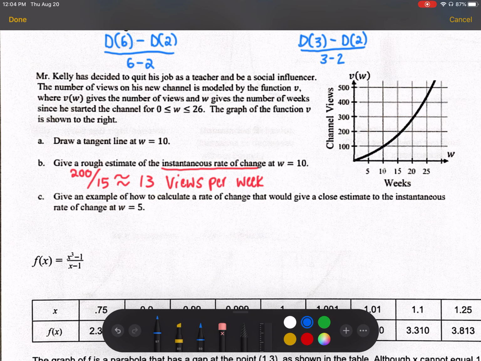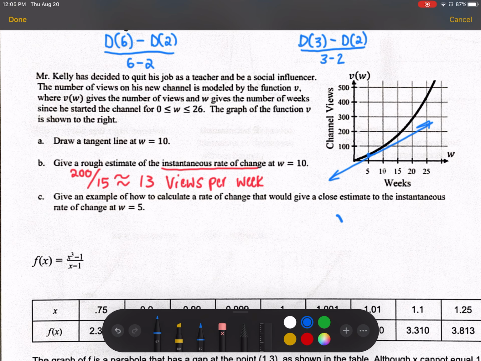So we're looking at right here where we have 5, so we're looking for that instantaneous rate of change there. So what we can do is if my points are 5 and then something really close to 5, and I find the slope there, I'm going to be more accurate as far as what my rate of change would be.